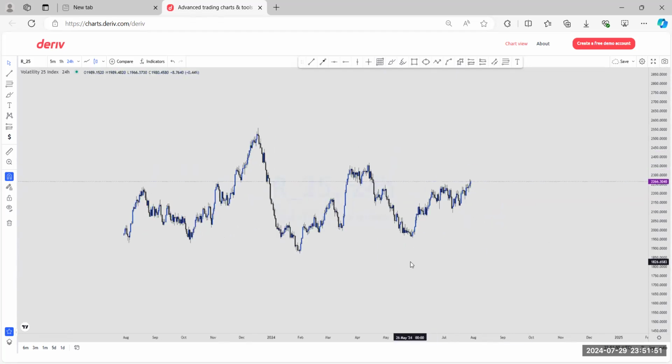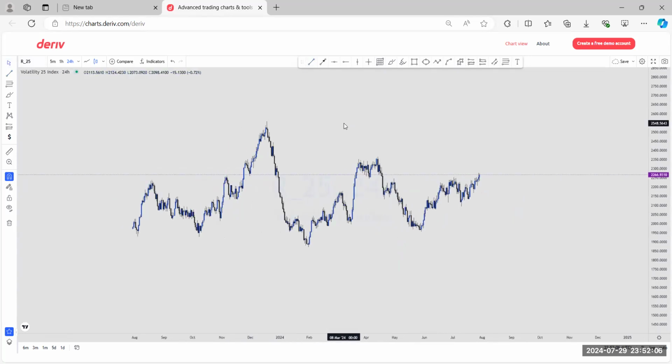This is the data that we have available. And from this data, we can start marking our zones and areas or market structure to know which particular direction we are supposed to take our trades.